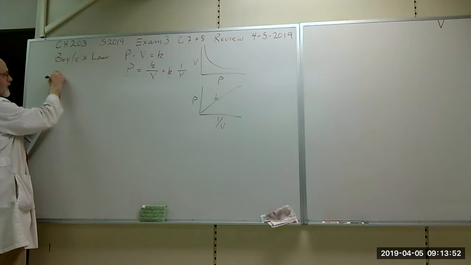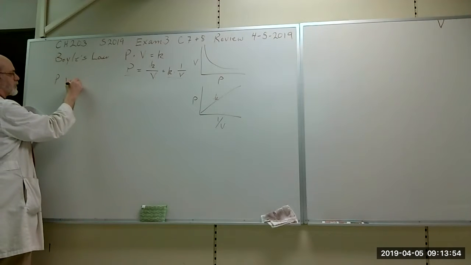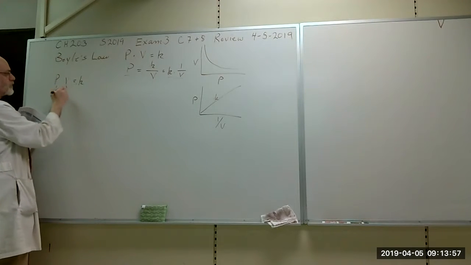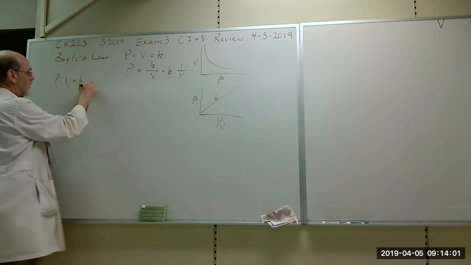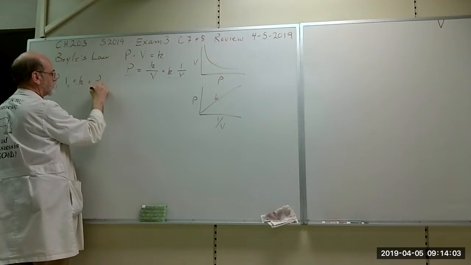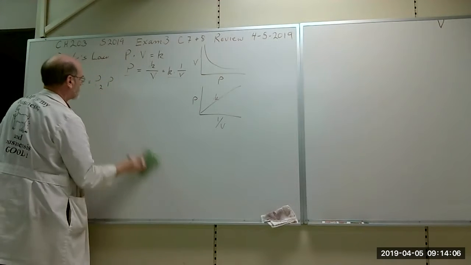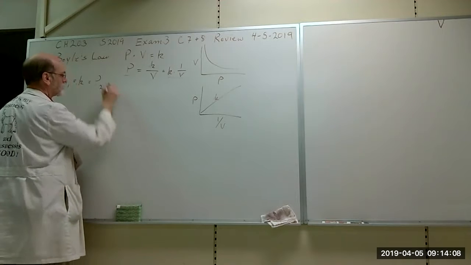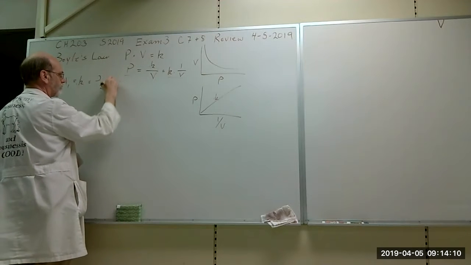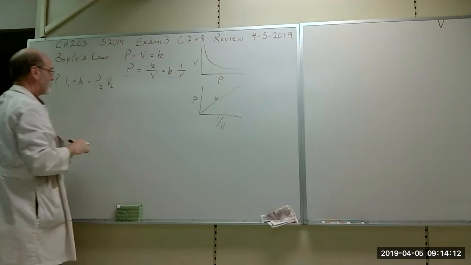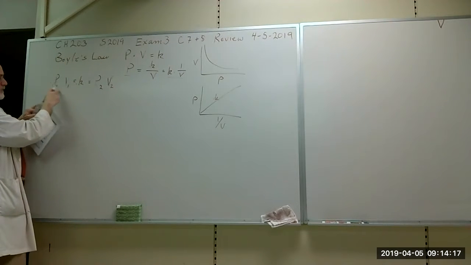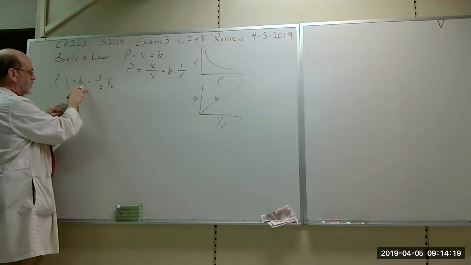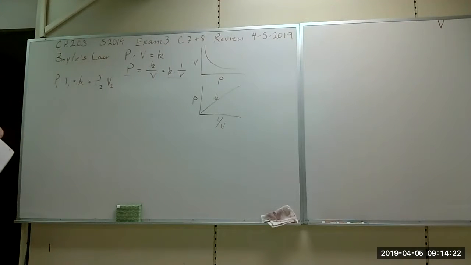If you say P times V equals a constant, under beginning conditions, and then you have ending conditions, then P times V is always equal to that constant. So if this one's equal to the constant, and that one's equal to the constant, then they're equal to each other. So that's why P1V1 equals P2V2.